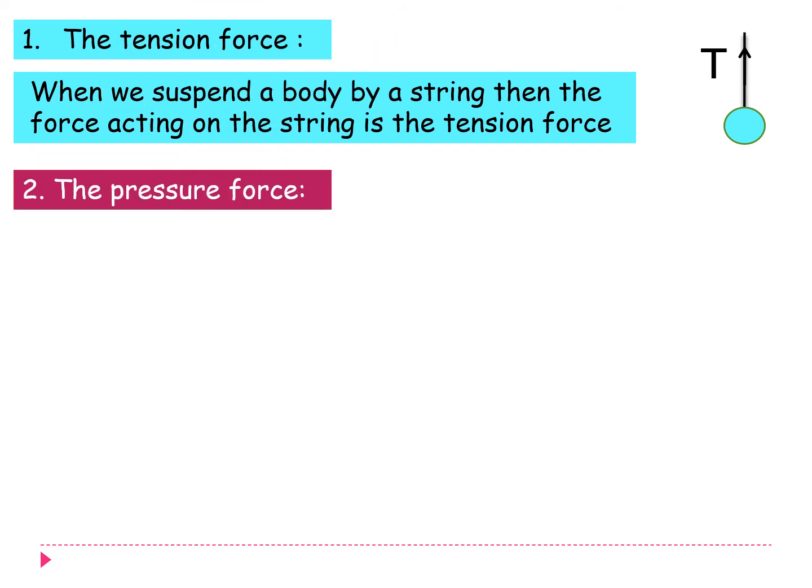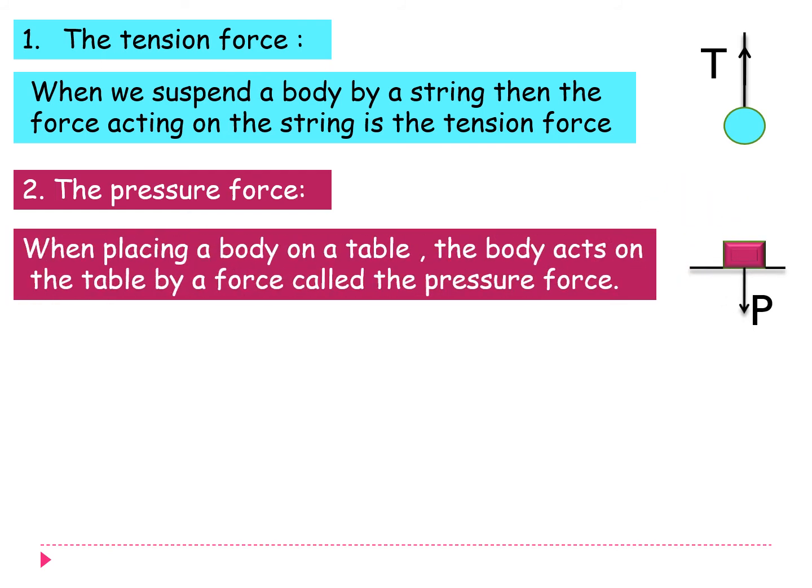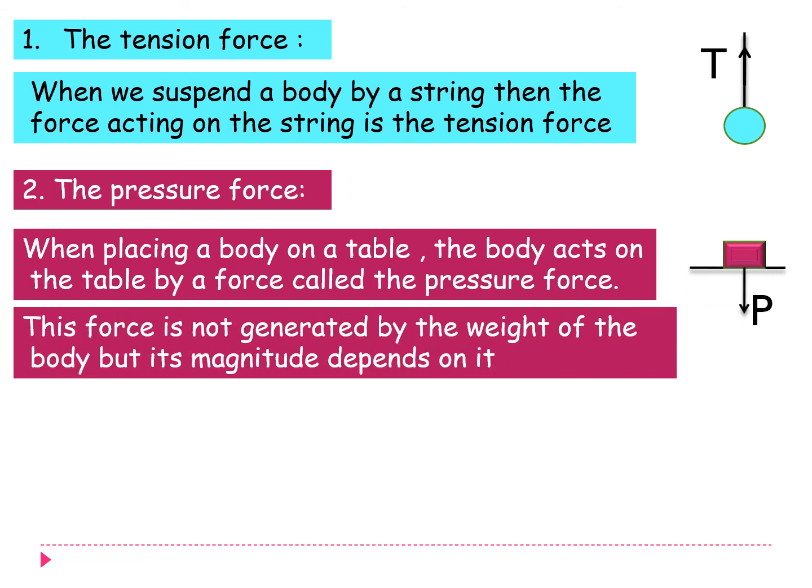Number two, the pressure force. When placing a body on a table, the body acts on the table by a force called the pressure force. This force is not generated by the weight of the body, but its magnitude depends on it.